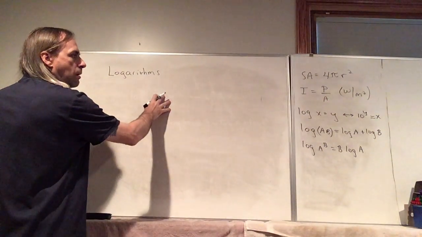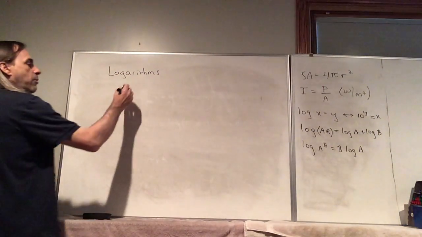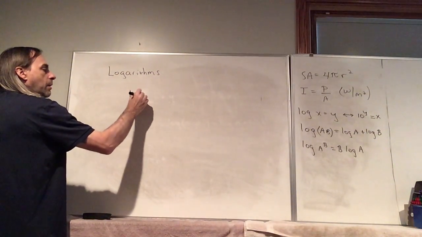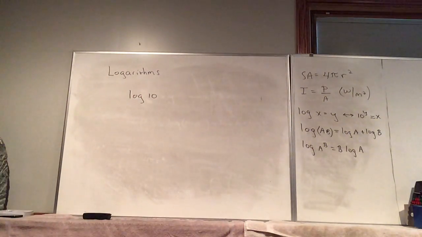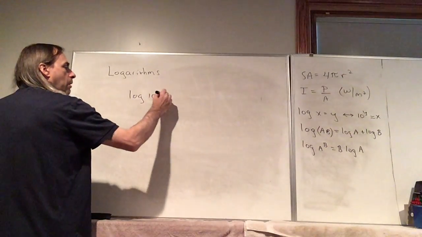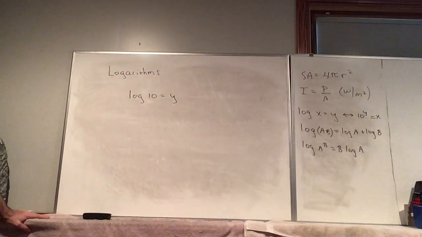Now, I want to look at some examples of logarithms. We could do this in one line, but I want to look at a few examples. Let's say we have the logarithm of 10. What is that equal to? We don't know, so let's call it y, to be consistent with what we have over there.